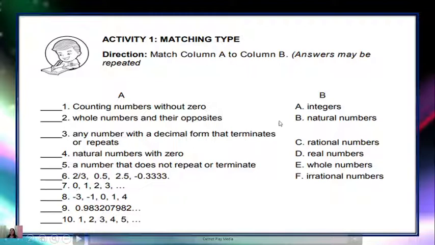And then we also have non-integers, just like percents, decimals, and fractions. So that is the rational number. The rational number has a big coverage. Next, real numbers. What are real numbers? Of course, everything inside the rational numbers and the irrational numbers. It is a combination of rational and irrational numbers.